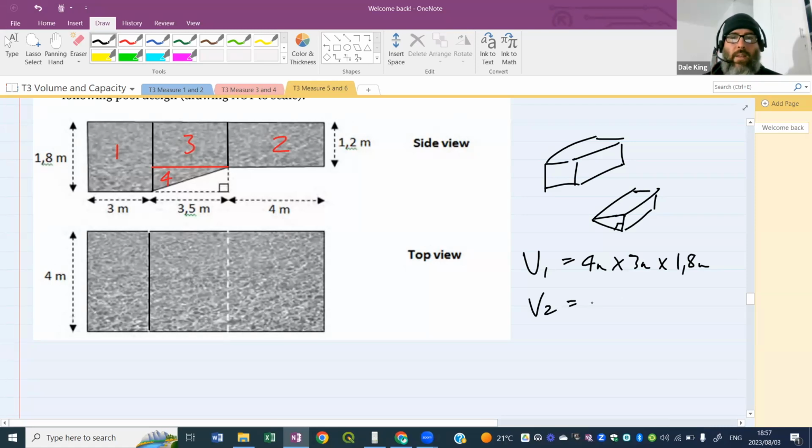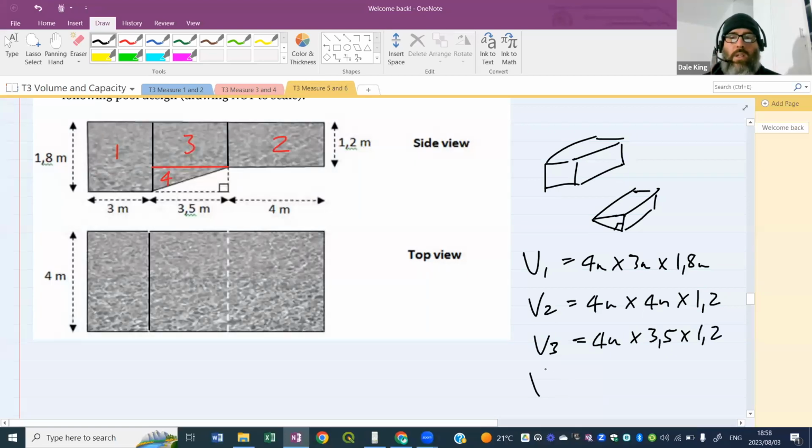And then for number 2, the length is also 4, and then the breadth is 4, and the height is 1,2. For the volume of the third rectangular prism, the length is also 4, the breadth is 3,5, and the height is also 1,2.